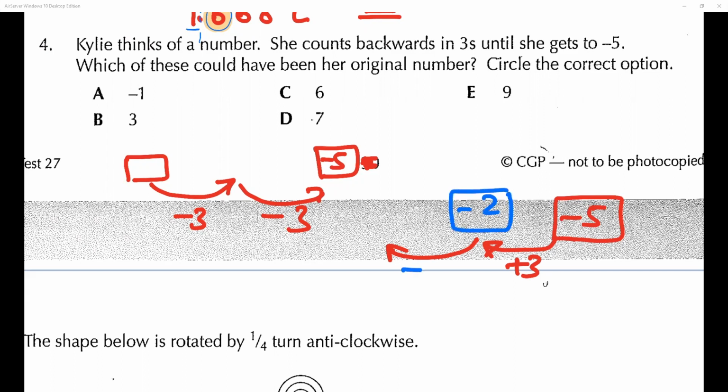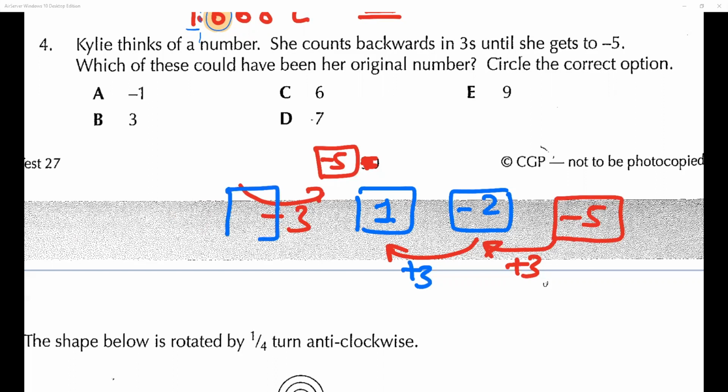And then what's minus 2 add another 3? 1. Will give you plus 1. Yeah. And then what's 1 add another 3? 4. And what's 4 add another 3? 7. So what's the answer for number 4 then? 7. D is 7.